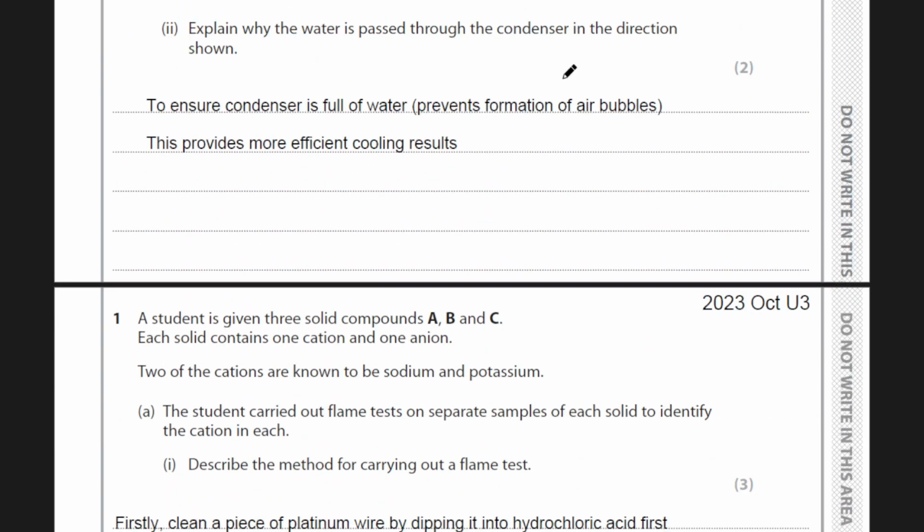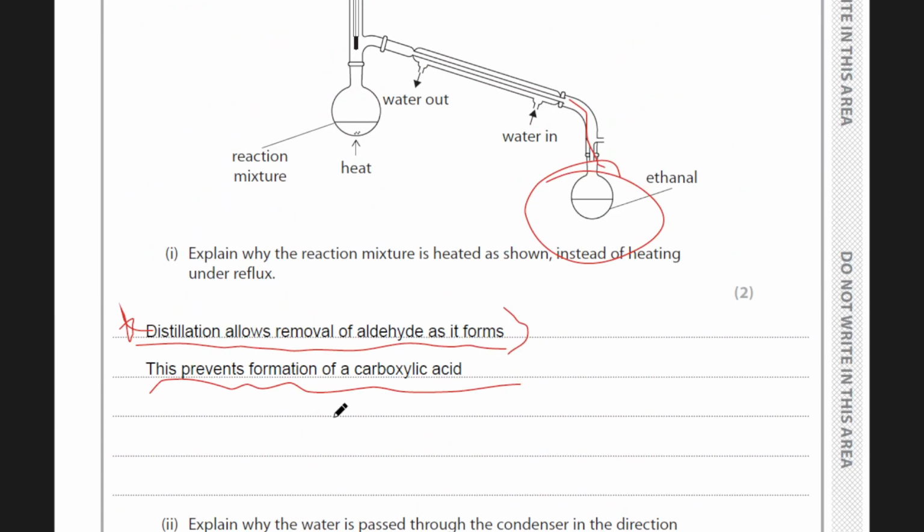Explain why the water is passed through the condenser in the direction shown. This is very important. We have clearly seen a little while ago in a previous question that the water either flows out from the pipe above if the Liebig condenser is like this, or it could be below. Now, why?